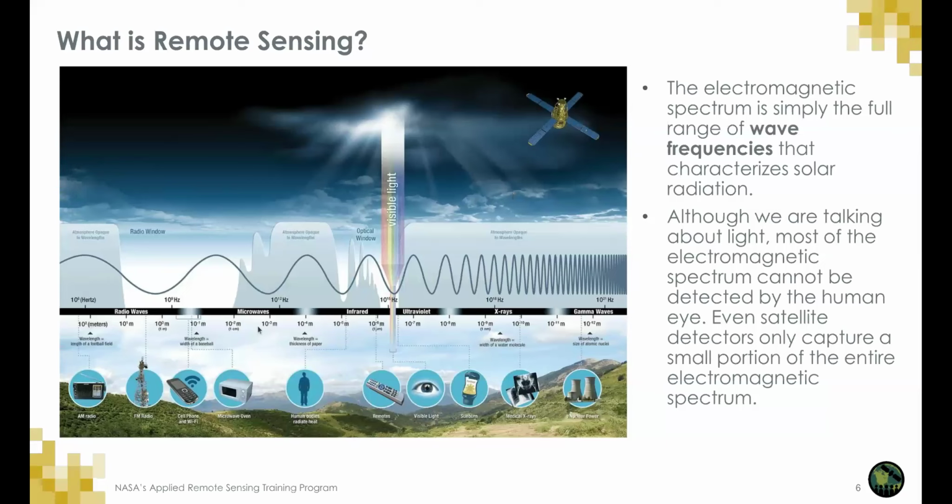You can see that there are devices that have been listed at the bottom. For example, at the bottom left, you see the AM radio, and then we go to the FM towers, cell phone signals, your microwave, your body heat, which is actually interesting.